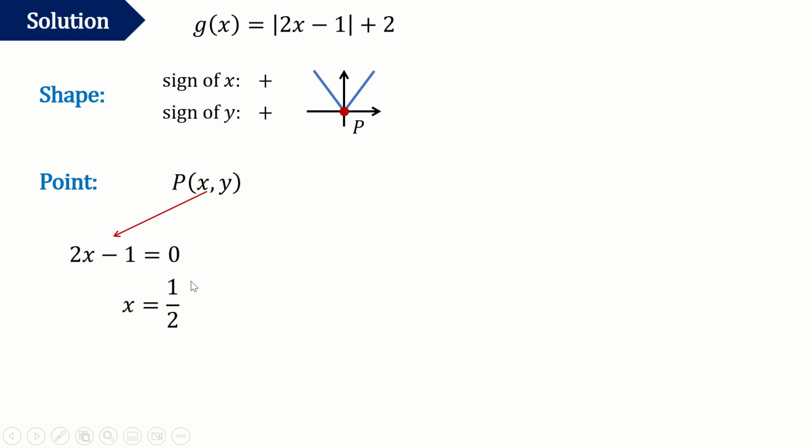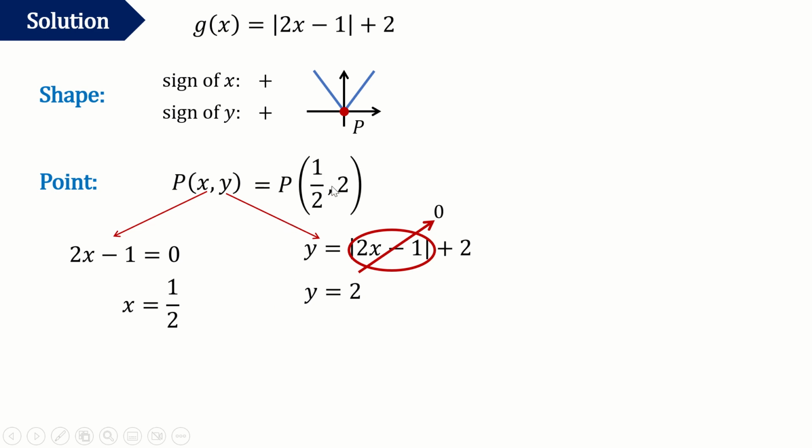So this will be the x coordinate. For the y coordinate, we copy the whole function, and then we change x to 0 inside, so the whole absolute value becomes 0. So what is left is y equals 2. So that means the point P is at (1/2, 2).